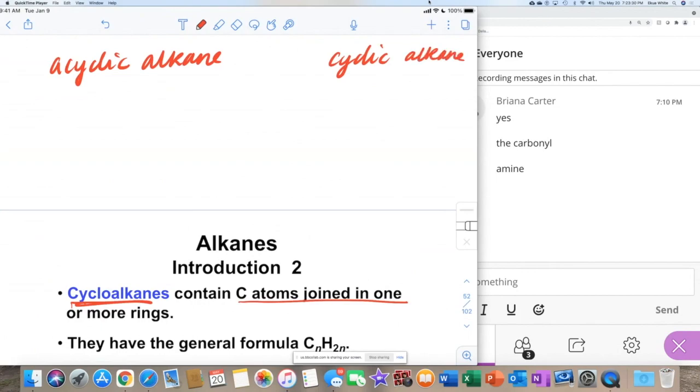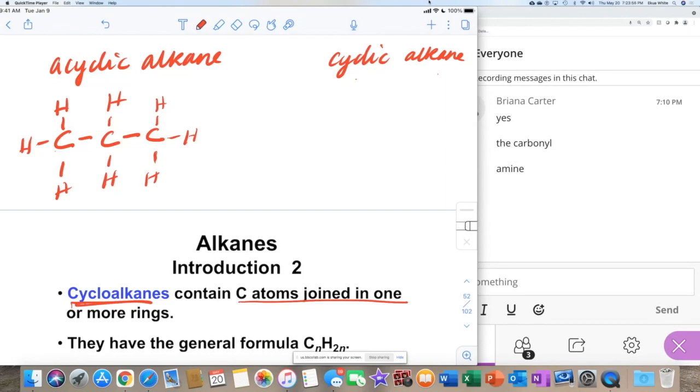With an acyclic alkane, please notice that you have 3 carbons in series, back to back to back, and they're attached to the maximum number of hydrogens possible. Each carbon has to have 4 bonds, as you can see. 4 bonds, 4 bonds, 4 bonds. There. Now I want to make a cyclic alkane from that. In the cyclic alkane, the carbons are the ones connected to each other.